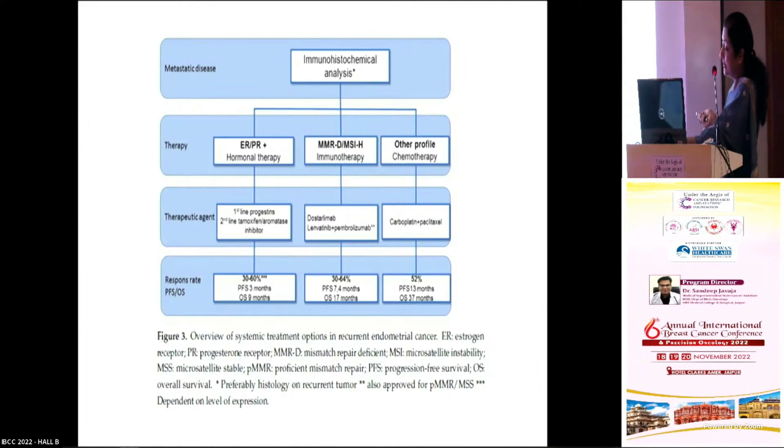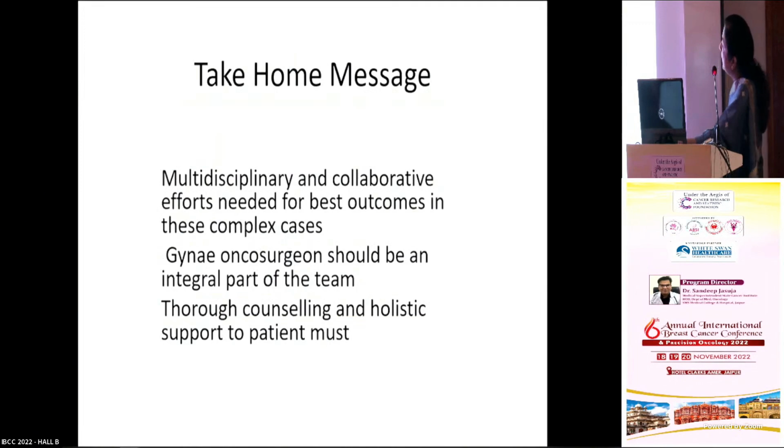If it is MMR deficient or MSI high, then immunotherapy is preferred. Now, pembrolizumab is approved by the FDA, and the combination of lenvatinib and pembrolizumab is also approved by the FDA, and this can also be given in MMR proficient patients. If there is a profile other than this, then you go for paclitaxel carboplatin chemotherapy.